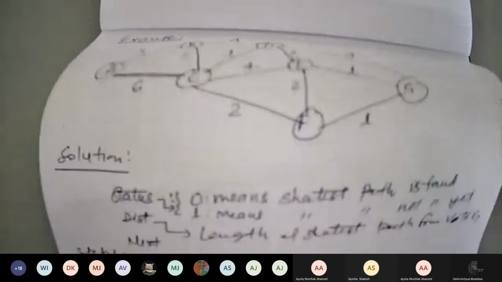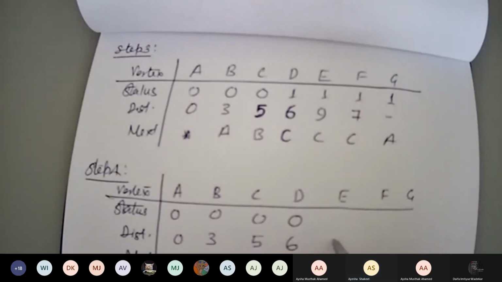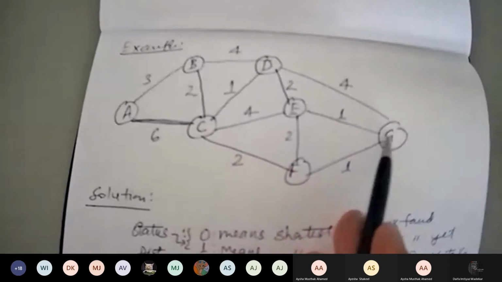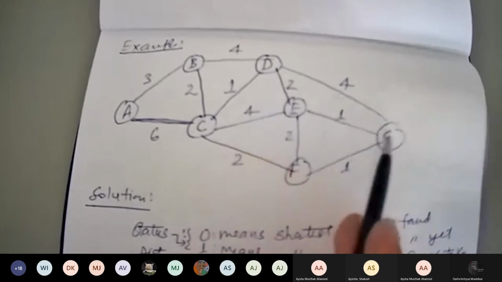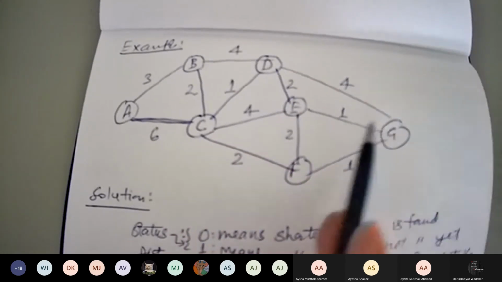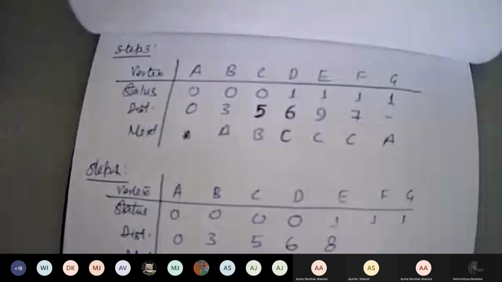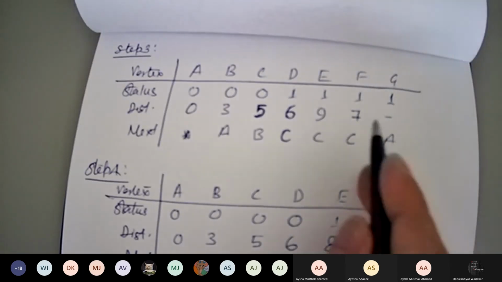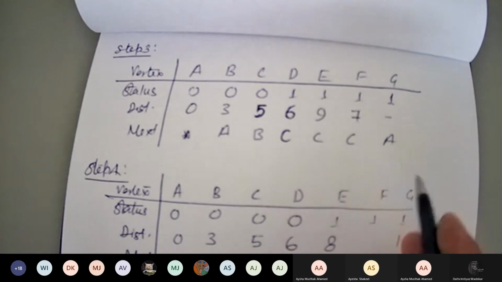So what will we write here? 8, because 6 plus 2 is 8. And D to G is 4. So what will you write in place of G? 10. It means this 7 will still have no change.